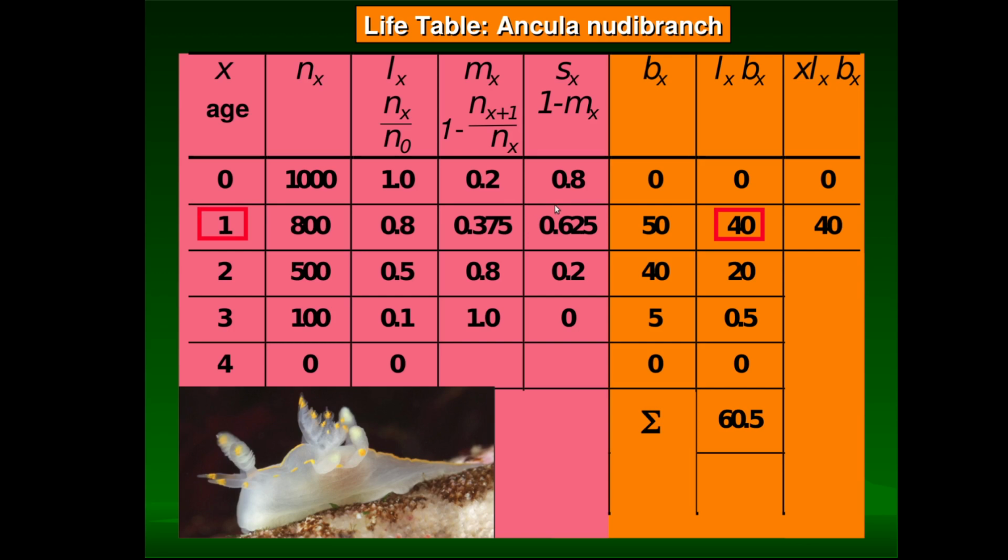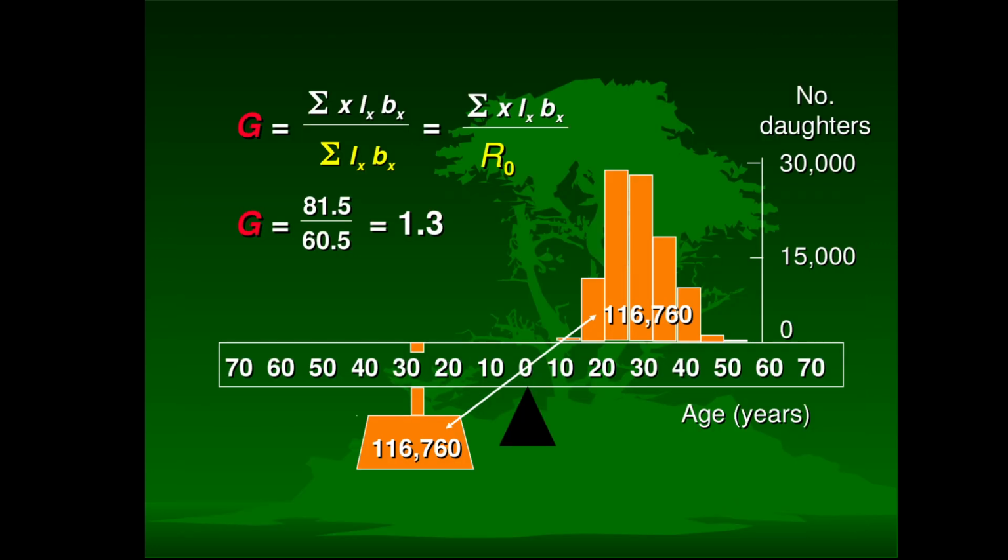So 1 times 40 is 40, 2 times 20 is 40, 3 times 0.5 is 1.5. I got 0 here, then we add them all up. That's 81.5. Then we divide that 81.5 by the net reproductive rate, we get 1.3. That's the generation time for our nudibranch, 1.3 months.